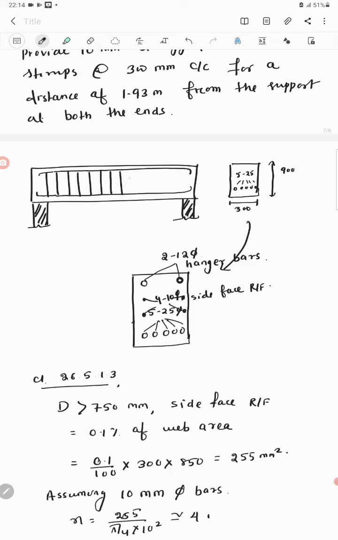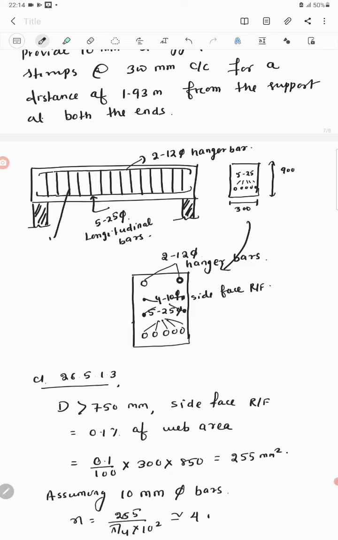So here we got equal spacing both for nominal and design shear. Okay, so you have to show all the detailing. These are 5 numbers of 25 mm dia bars. This is the longitudinal reinforcement. Then there will be 2 numbers of 12 mm dia hanger bars. Then the stirrup, the spacing is 2-legged 10 mm at 300 mm center to center.